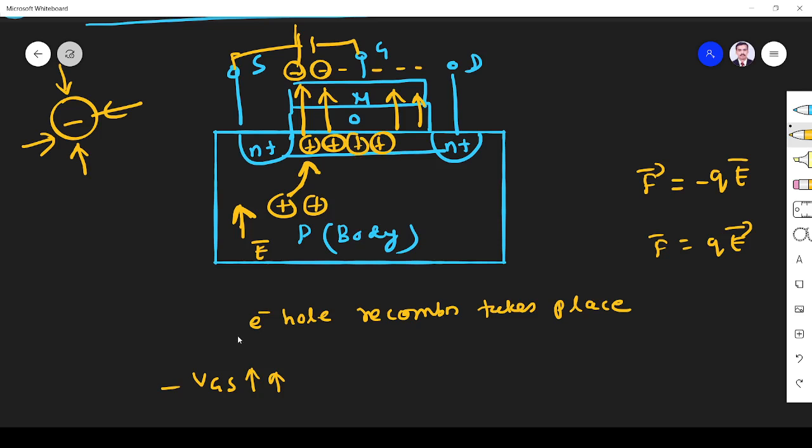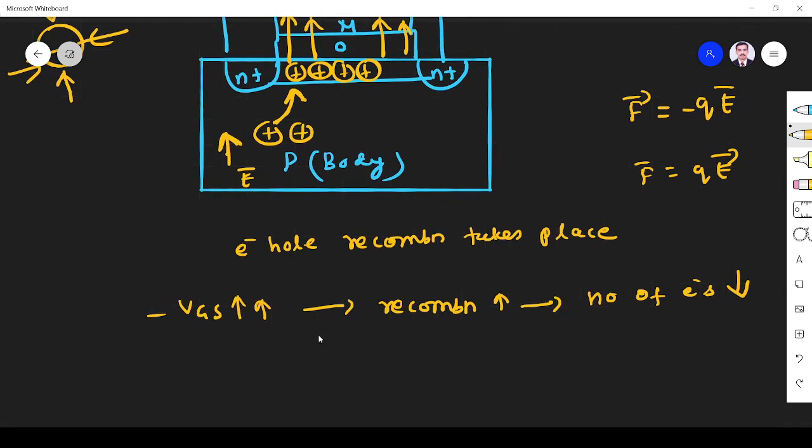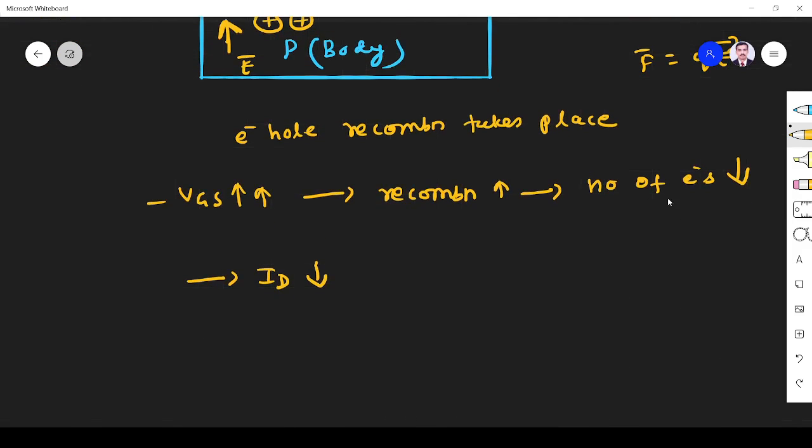So when you increase the negative VGS, the recombination rate increases. This implies the number of electrons will reduce, because electrons are minority carriers in the channel compared to the body. So the number of electrons decreases. This means ID decreases. The number of carriers decreases, so the current will decrease.